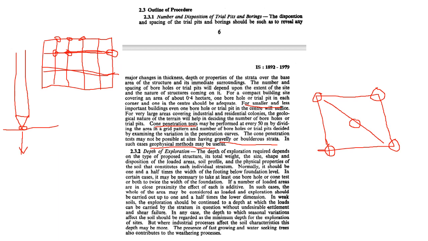So you can conduct cone penetration test by dividing your large area into a grid pattern, and at each point conduct the test, and based on the variation you have observed, you can decide on the number of boreholes and the spacing between boreholes. So this is how it is done.